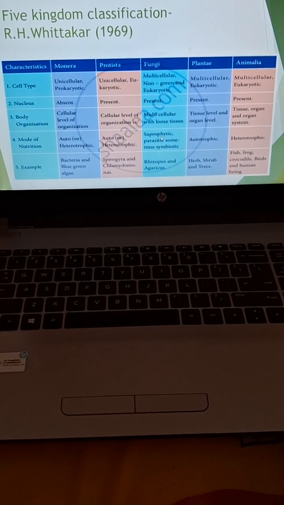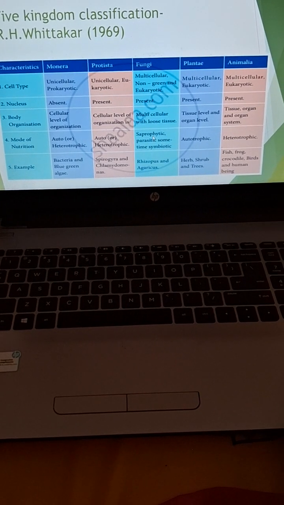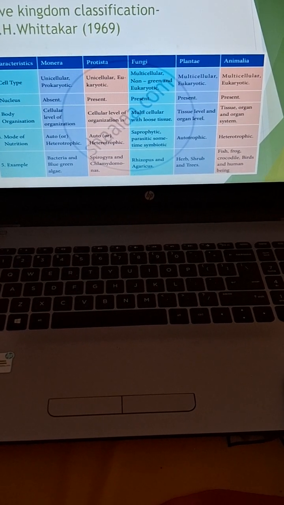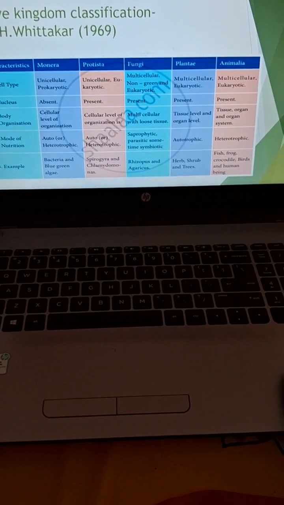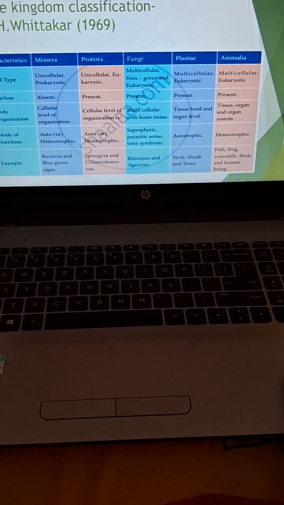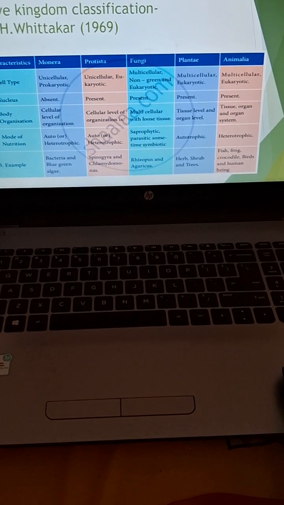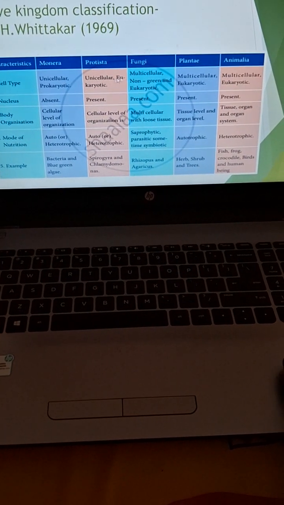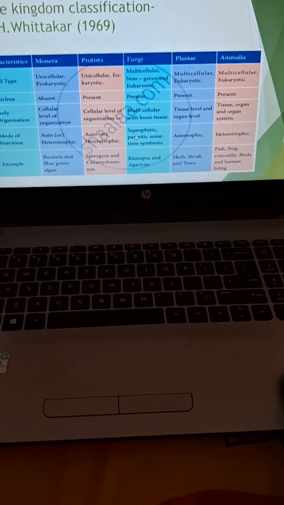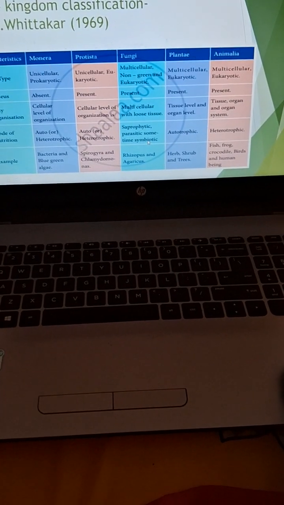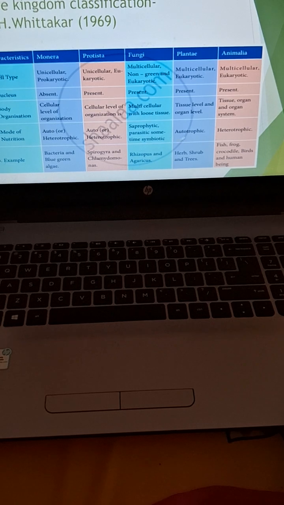Saprophytic in the sense they feed on dead and decaying matter. Dead and decaying matter is consumed by these fungi. For this purpose we say this is the saprophytic mode of nutrition. Some are parasitic and some are symbiotic. Example we can give lichens.